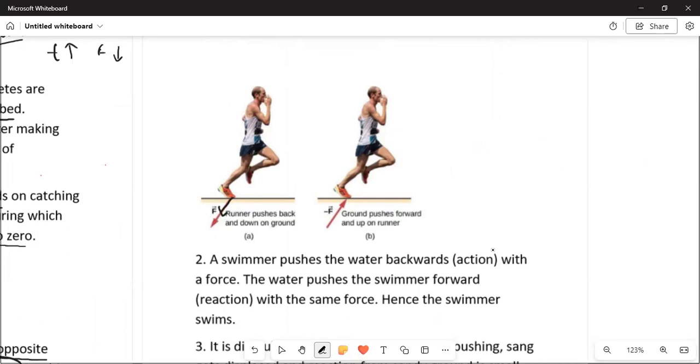And as the ground pushes him, the athlete moves in the forward direction. This pushing becomes the action, and this becomes our reaction.